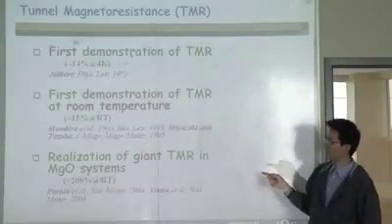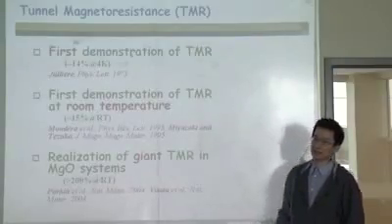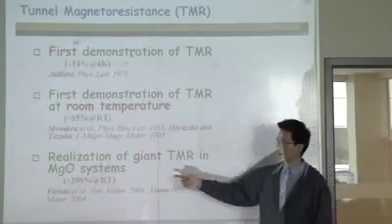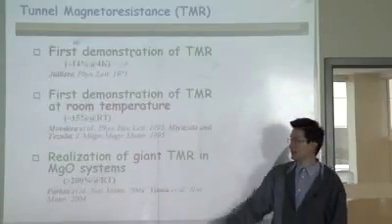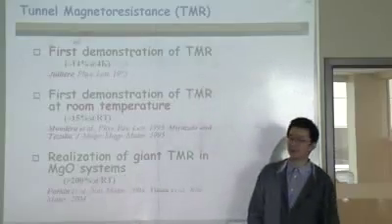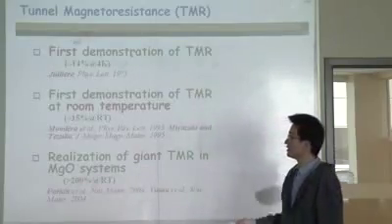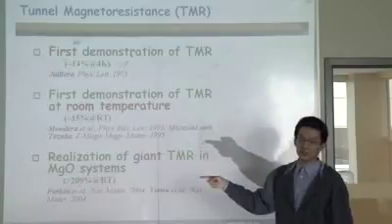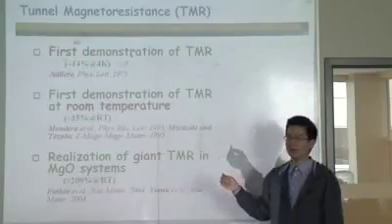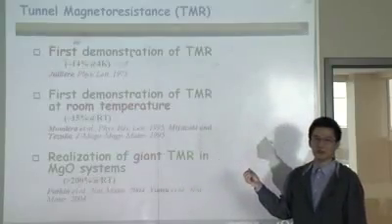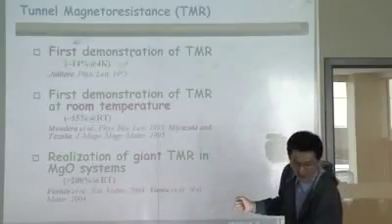In the year 2004, Parkin and Yuasa independently discovered that by using an epitaxial MgO barrier, the TMR can reach well above 200% at room temperature. Now keep in mind, we would like the TMR ratio to be the higher the better, because we can get more signal out of the same system.